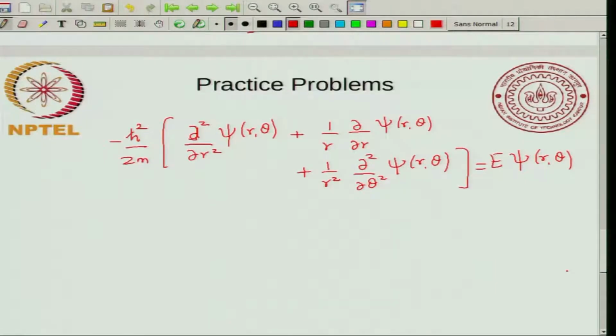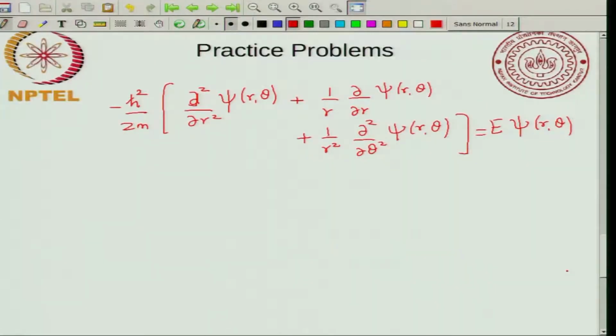Okay, so this is the Schrodinger equation that you have. And now suppose you do a separation of variables. So, you will say psi of r theta is equal to capital R of r times capital Y of theta.